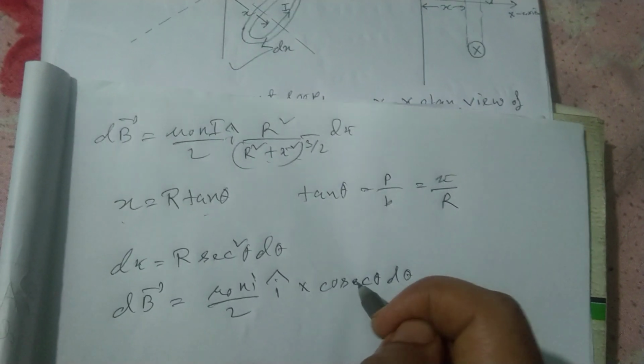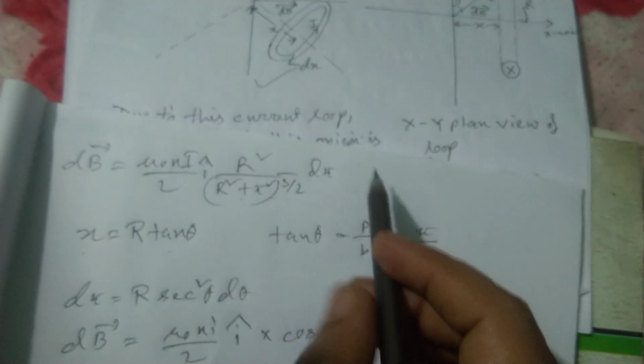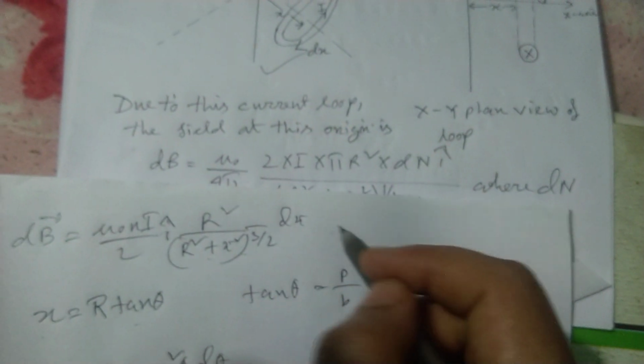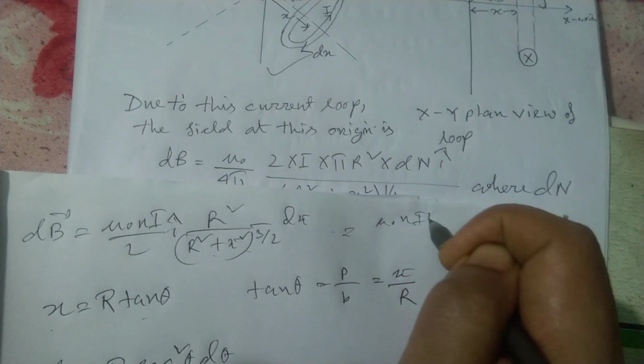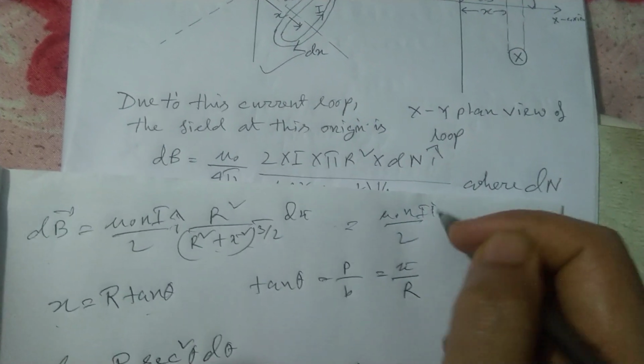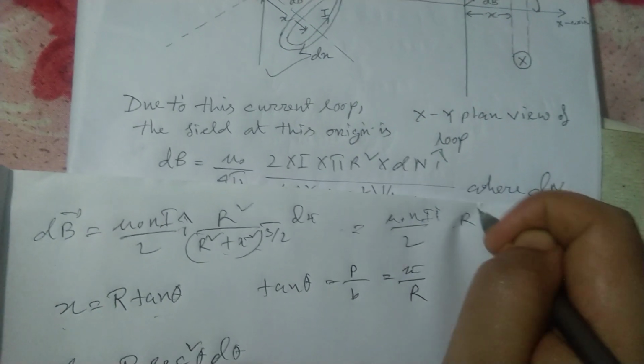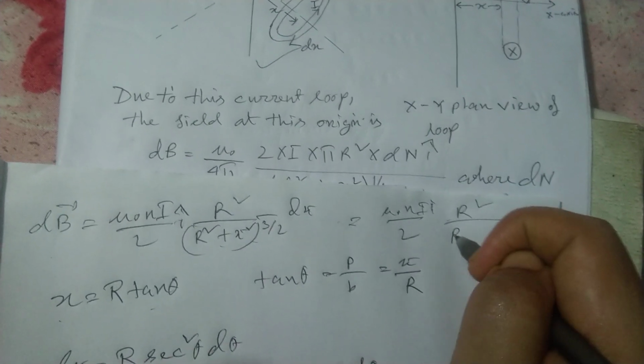It is not cosec theta, it is cos theta. How do I get it? Just putting in this value, mu 0 n I i cap divided by 2 into r square, and r square to the power 3 by 2 means r cube.